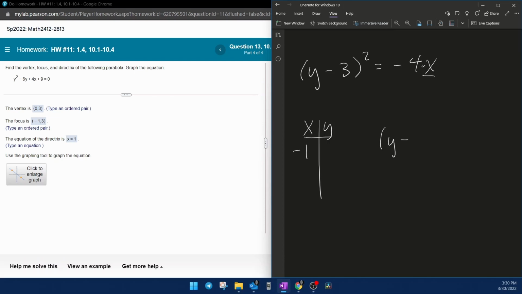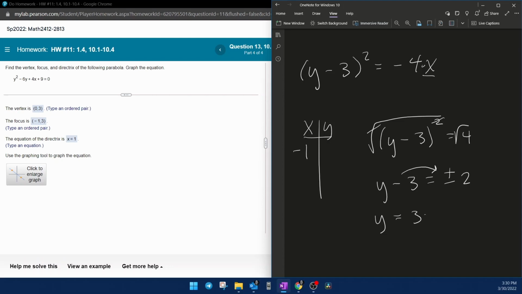So solving for y, we're going to have y minus 3 squared equals 4. Taking the square root of both sides gives me y minus 3 equals plus or minus 2. And moving the negative 3 over makes it a positive.